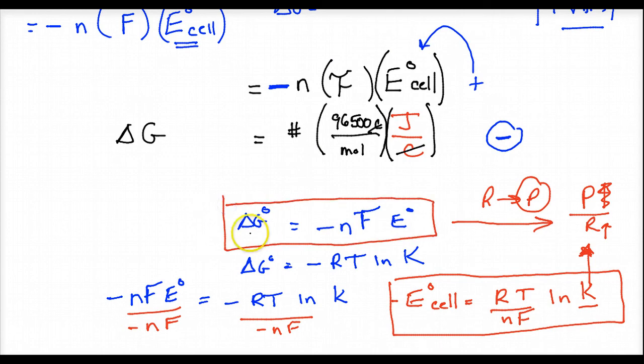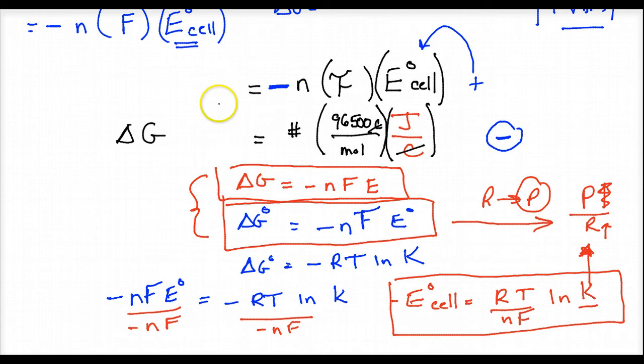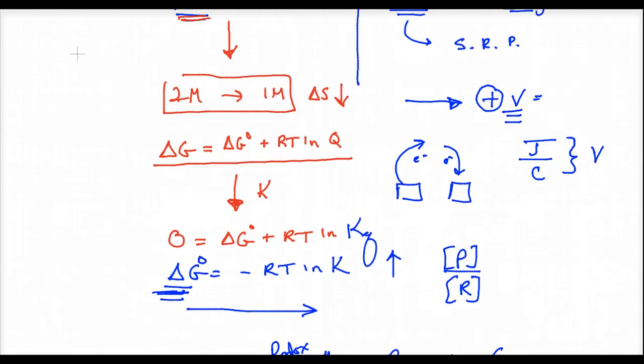We know that delta G standard must be equal to negative nF E0, and delta G non-standard equals negative nF non-standard E. So we created another equation where we have the non-standard E equal to the non-standard G. I'm going to plug these, which represent the non-standard G and the standard G, into this equation right here.